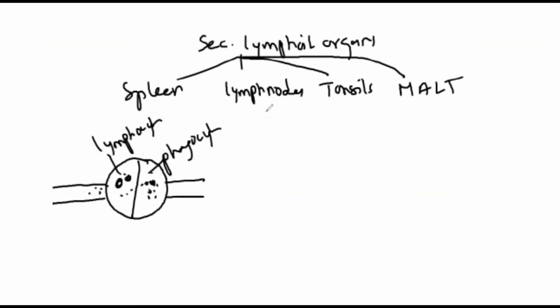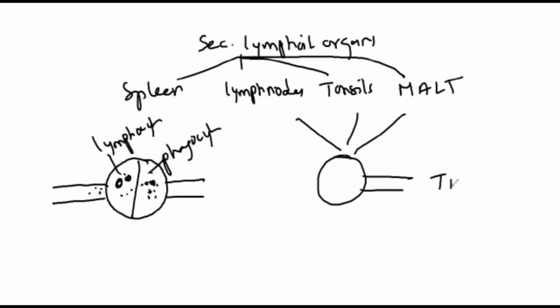On the other side, lymph nodes, tonsils, and MALT can trap tissue fluid-borne antigens. Suppose any antigens are found in the tissue fluid and enter the lymphatic system; when they pass through the lymph nodes, they can be trapped by the lymphocytes.